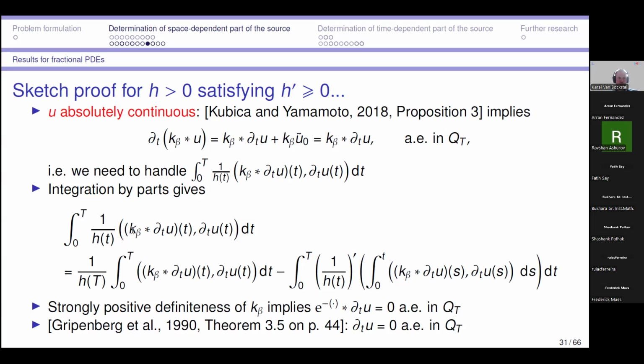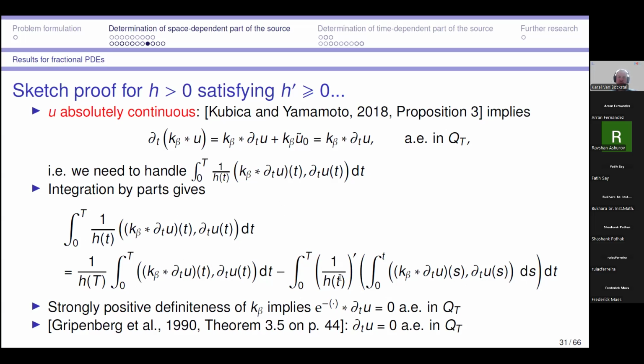After integration by parts, we have one boundary term evaluated at final time t, which is given here: 1 divided by h evaluated at final time, then this integral, and then we get minus the time integral of the derivative of 1 divided by h, and the time integral of this function here, depending on the time variable. Now it is integrated over s.